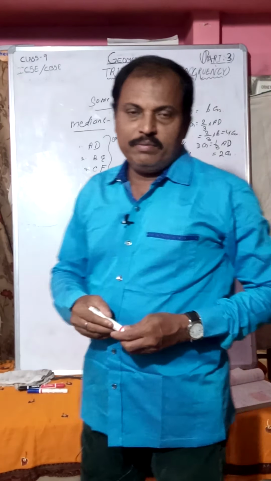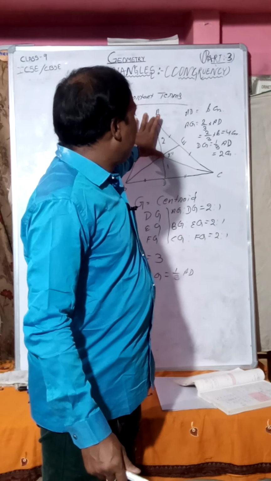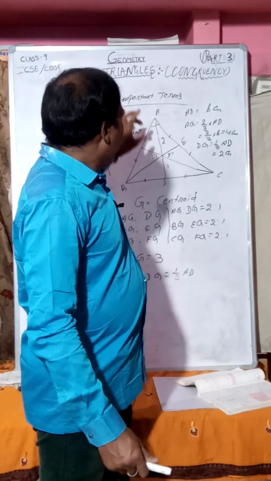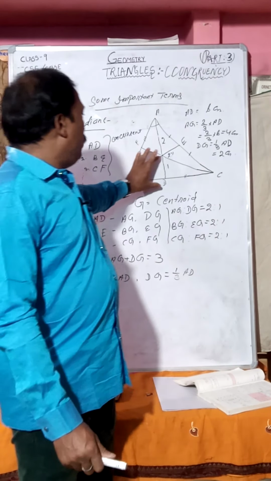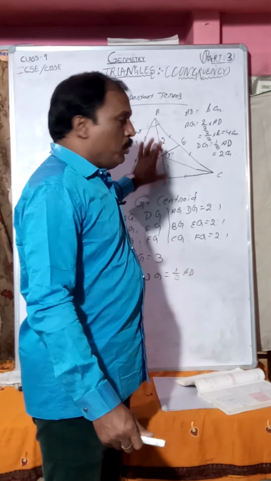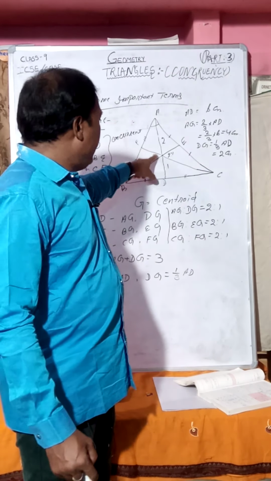The bigger part is the part connected to the vertex, that is 2, and the part connected to the midpoint of the side is 1. So 2:1. This is the median and this is the centroid.